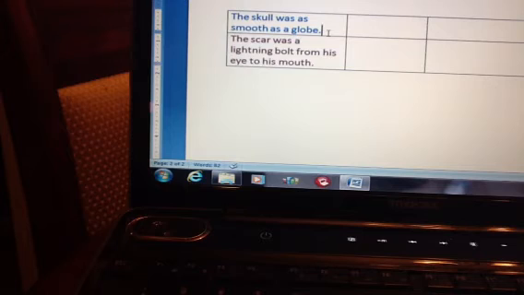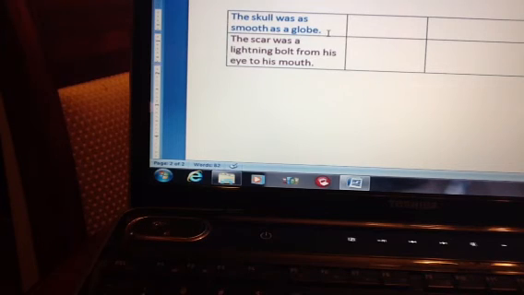And when you draw that visual in your brain, I can see that smooth skull where the body has decomposed and only the skull is there. Smooth is what I know that I can go back into my mental filing cabinet as a smooth round sphere representing the earth. Lastly, the scar was a lightning bolt from his eye to his mouth.